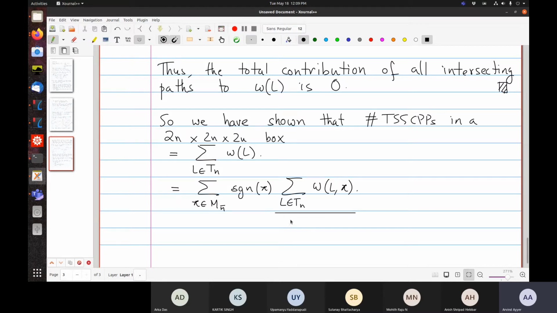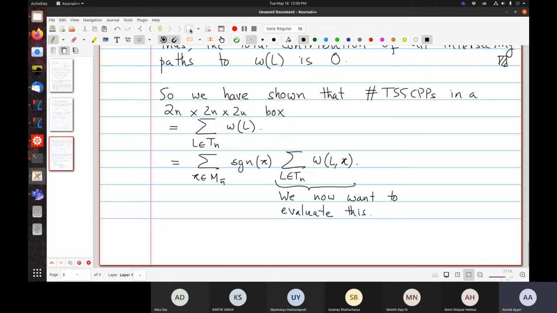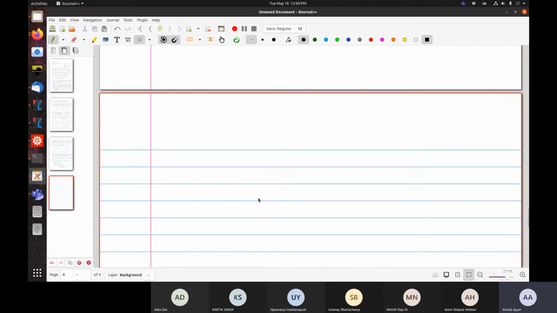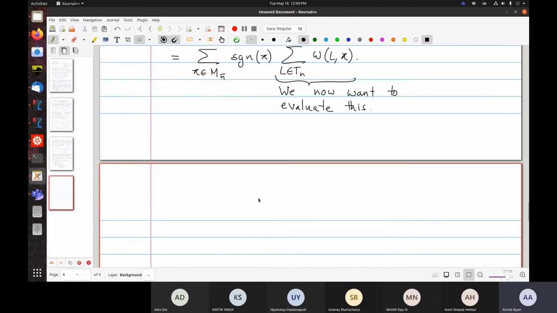So we want to evaluate this. I remind you, recall that L is L0 up to Ln minus 1 if n is even.